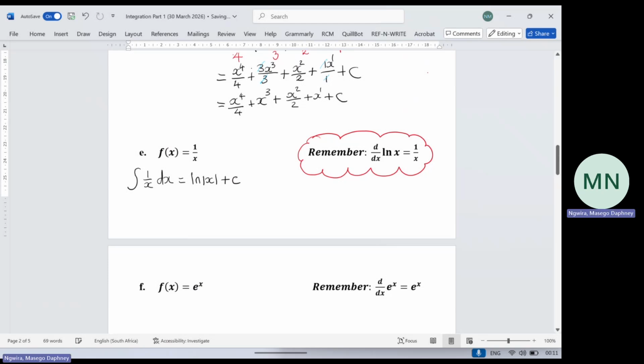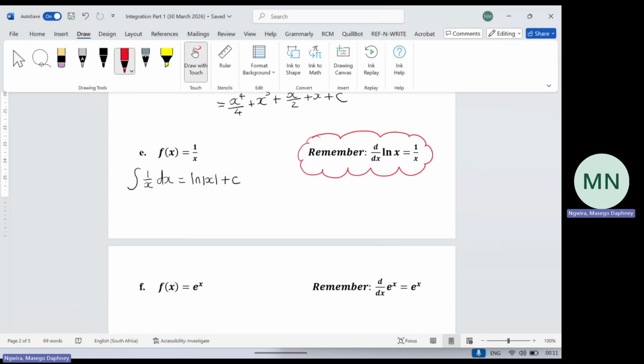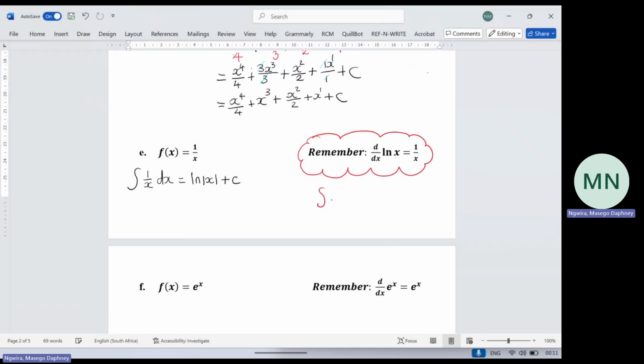Right. Why? Because if, let's say, we were to integrate, let's say you say, okay, fine, I'm going to take this x to the top and it becomes x to the power of -1, and you integrate this. What's going to happen is that, remember we said it's going to be x to the power of -1 plus 1, then over -1 plus 1. And this will give you x to the power of 0 over 0.